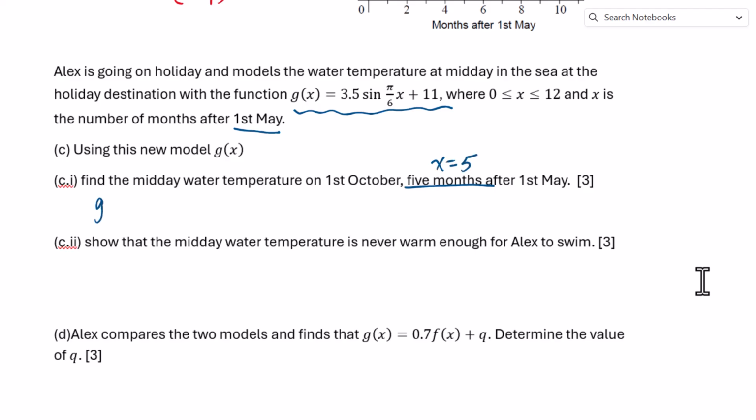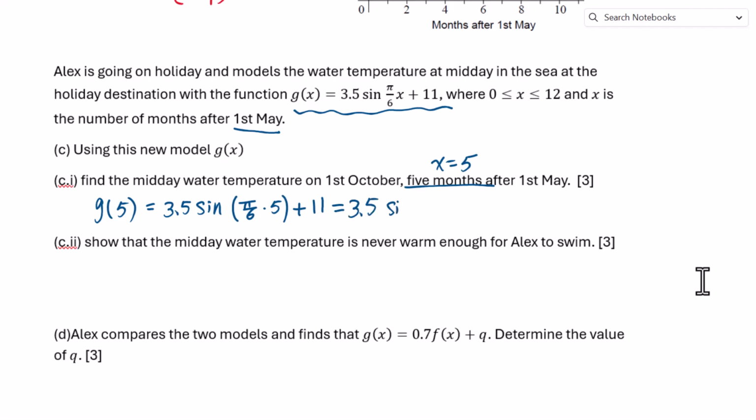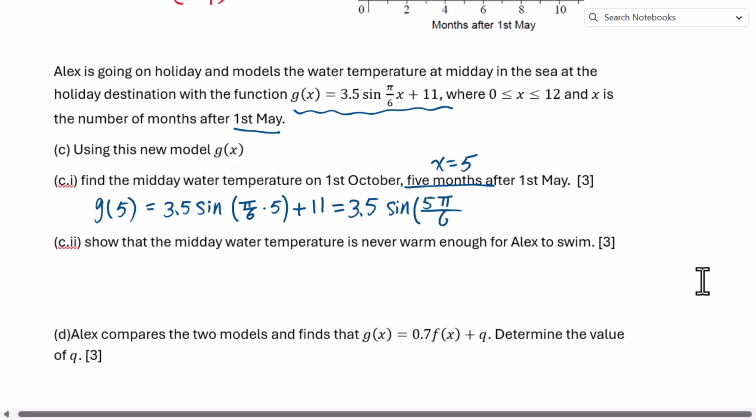So g(5) = 3.5 sin(π/6 × 5) + 11. Simplify: 3.5 sin(5π/6) + 11.